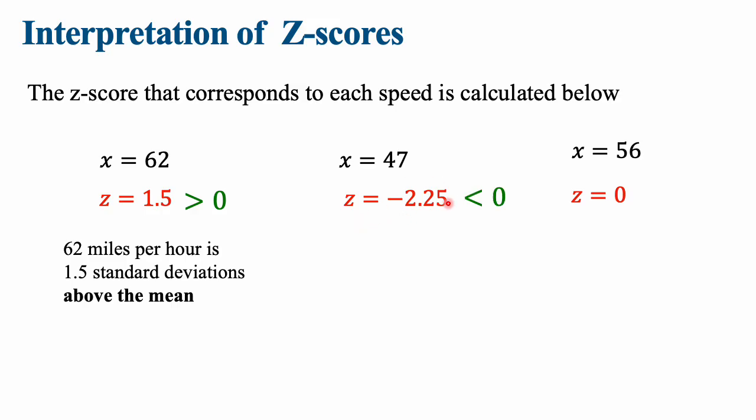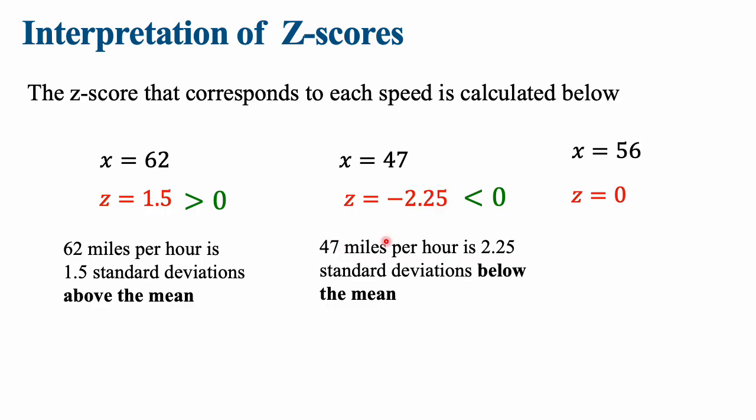This one is less than 0, z-score negative 2.25, so 47 miles per hour is 2.25 standard deviations below the mean because the z value is negative. Z-score is 0, meaning that's exactly the mean. So 56 miles per hour is equal to the mean.